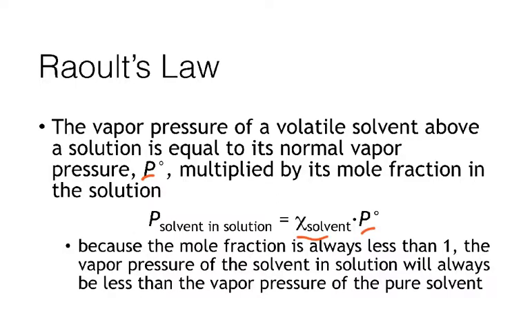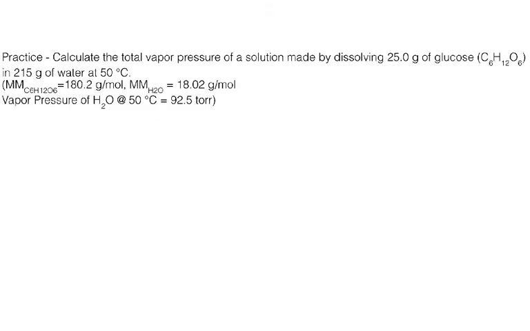And because your mole fraction in a solution is always going to be less than 1, it's a fraction, the vapor pressure of the solvent in solution will always be less than that of the pure solvent. So our vapor pressure of our solvent in solution is the mole fraction of the solvent times the normal vapor pressure. So let's work through a problem using that Raoult's law.